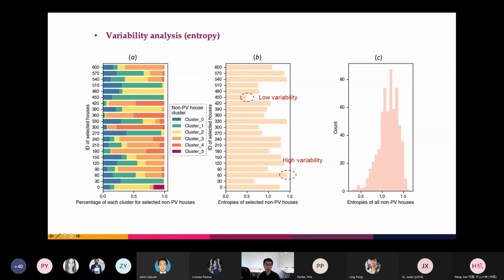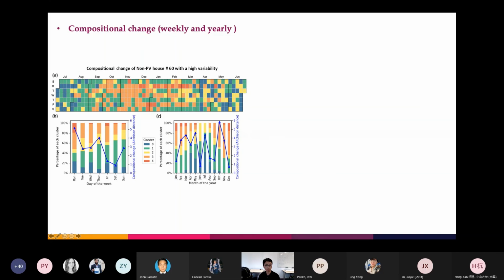For example, household 60 has a high variability because it has 5 different memberships, whereas household 450 only has 3 different clusters.